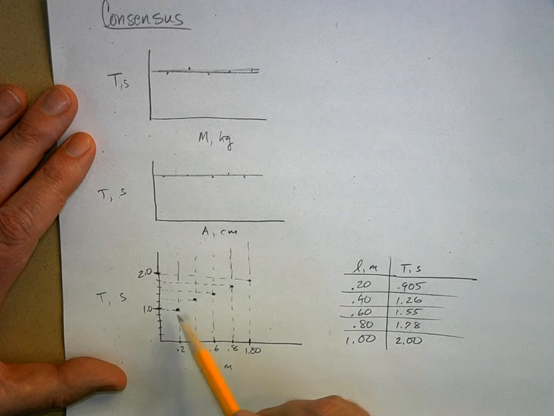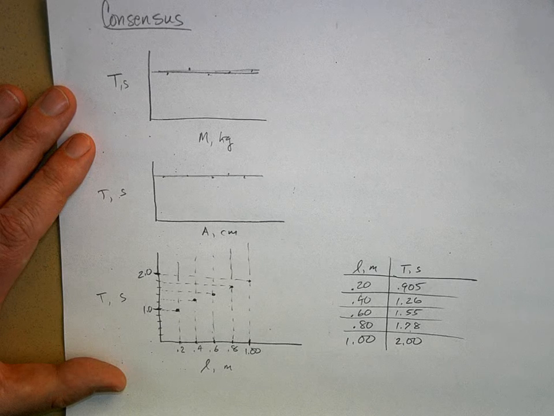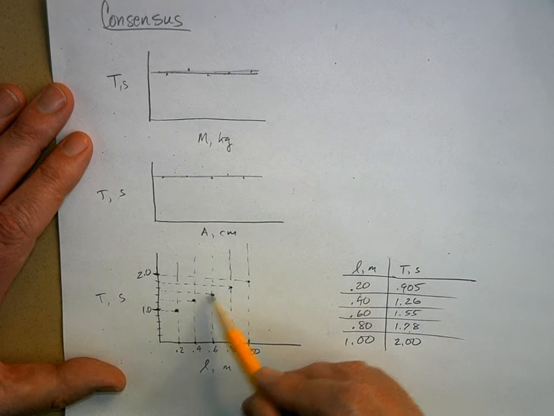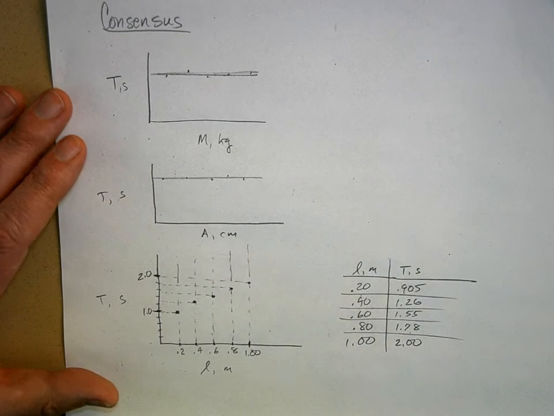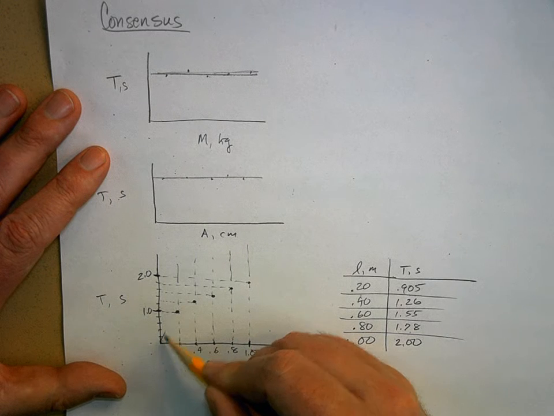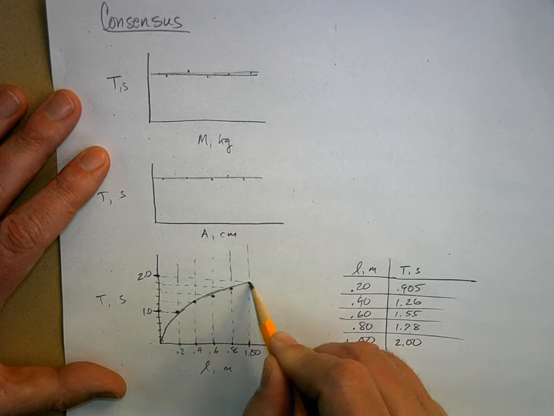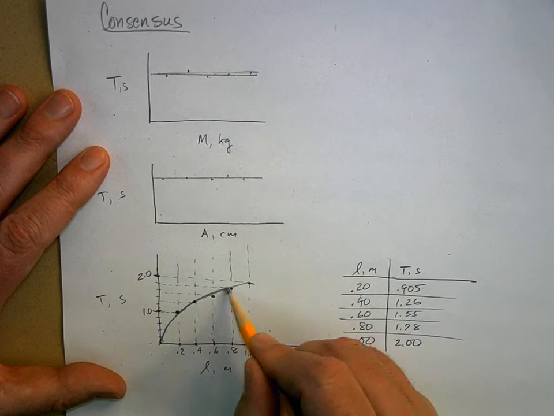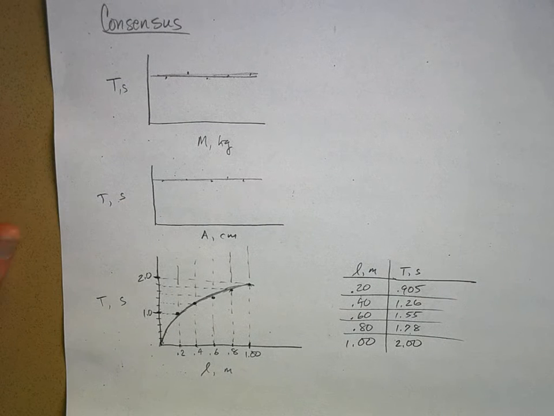Now it looks kind of straight, and there might be a little error, but I'm just going to cut to the chase here. It's going to look something like this. It's not linear with the length. So what does this look like?